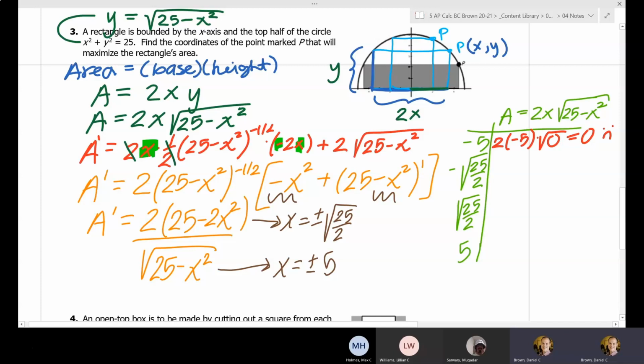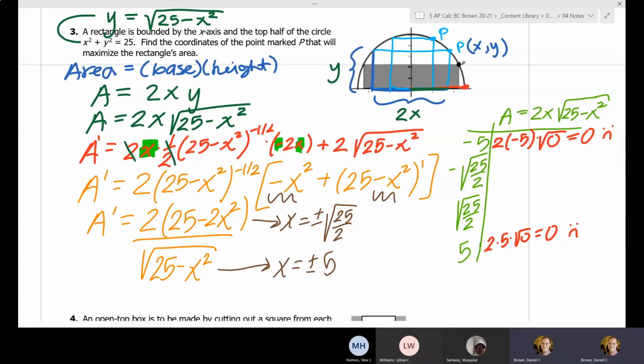The same thing's going to happen if you plugged in +5. You would have 2 times 5 times the square root of 0. A value of 5 is not going to give you a maximum area. If you knew what this figure looked like, if x was 5, the point would basically be on the x-axis, and clearly there's no rectangle there at all. So that's why those were eliminated.